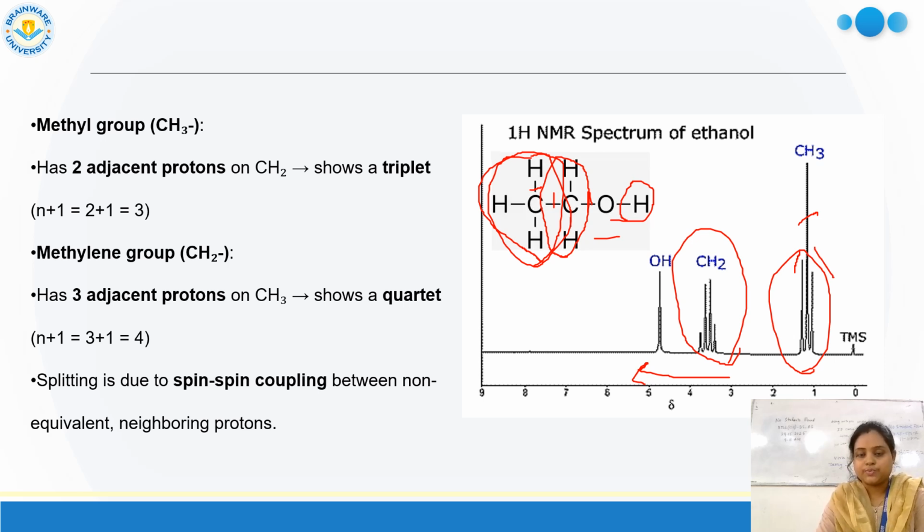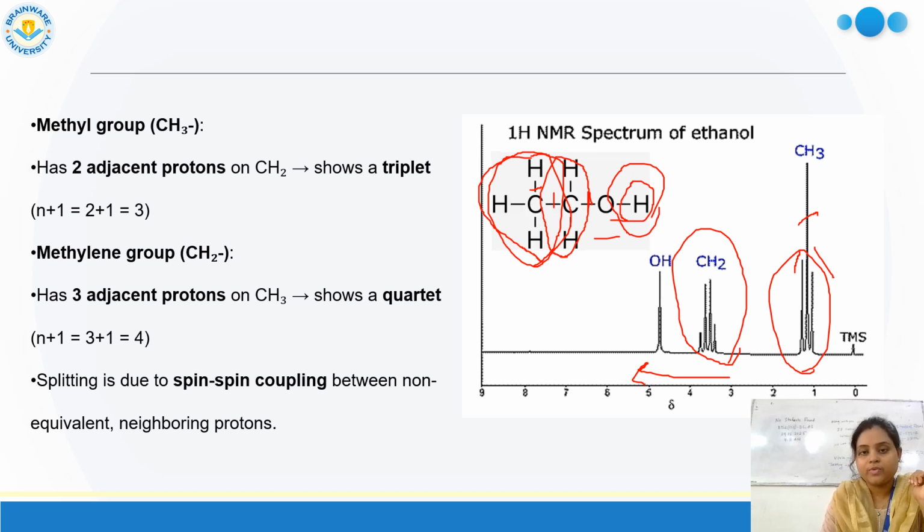Next, CH2. It has 3 neighboring protons of CH3, right? And 1 neighboring proton of oxygen OH. But this OH hydrogen is generally not considered, because it shows very rapid chemical exchange.